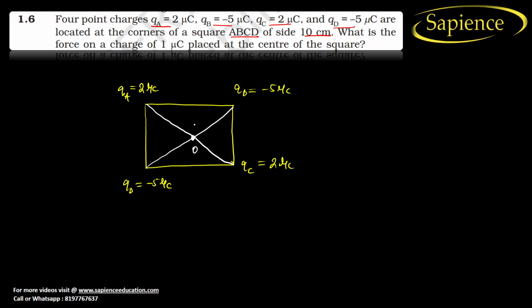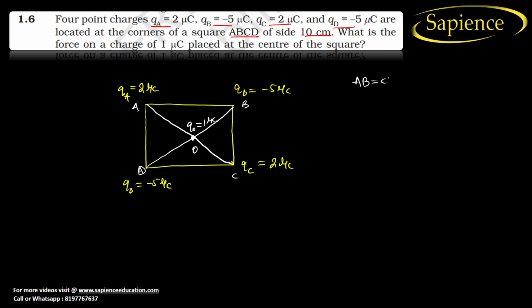And the charge placed at this point, that is QO, is equal to 1 microcoulomb, right? Now we need to find how much net force is acting on this charge. Suppose this is square ABCD.